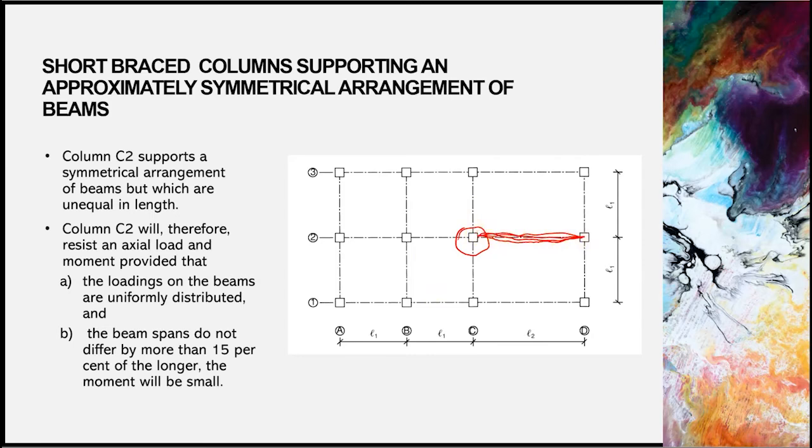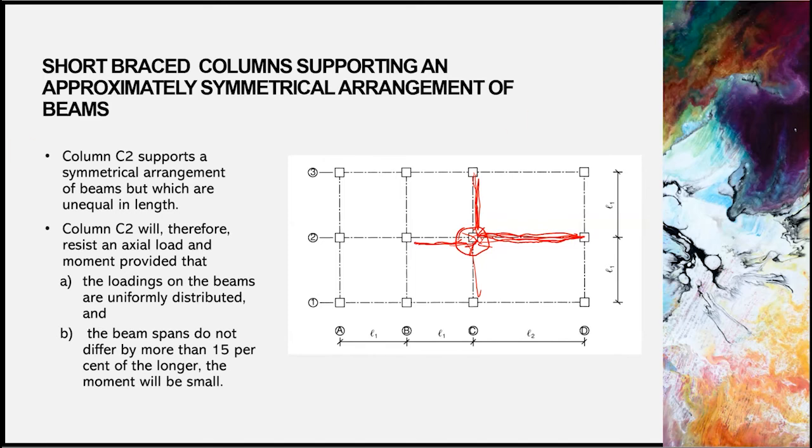Dia resist axial load and also provide moment provided that the loading of the beam are uniformly distributed. Meaning beam ni dia punya load adalah uniformly distributed, jadi dia transfer tu memang uniform transfer. And the beam spans do not differ by more than 15% of the longer, the moment will be small.